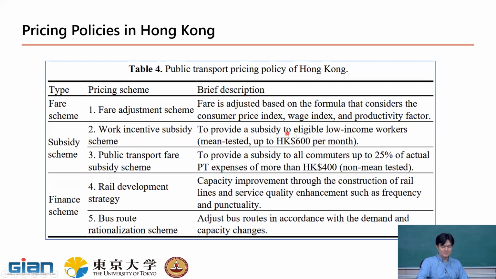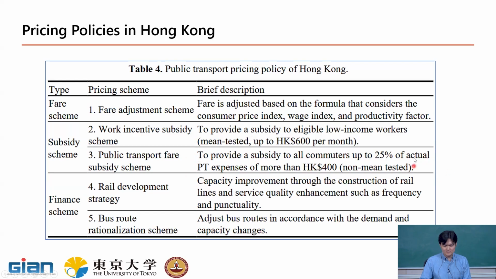So up to this amount. It was means tested. So again, it's pretty expensive to implement because means testing means people start applying and you have to evaluate and judge whether or not they're allowed to receive the subsidy. Public transfer fare subsidy scheme.